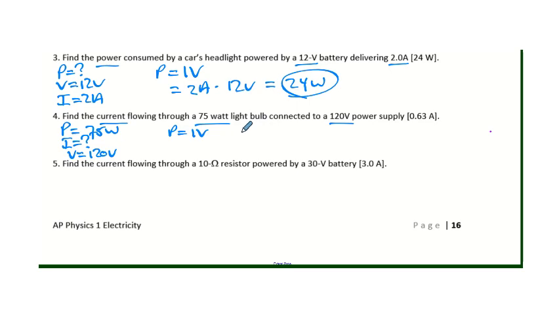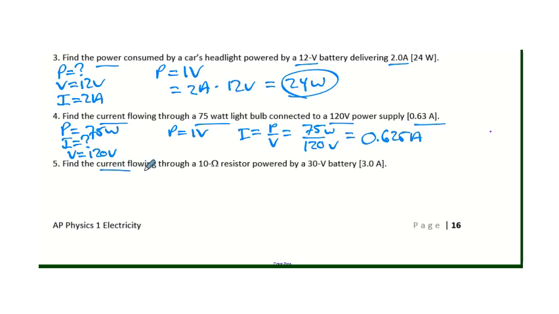This time we're solving for I, so we're going to divide both sides by V. So we have 75 over 120, that's the 75 watts over the 120 volts. Go ahead and divide that in your calculator, and you're going to get 0.625 amps. So that answer there was slightly rounded.